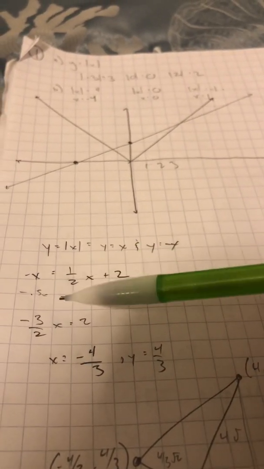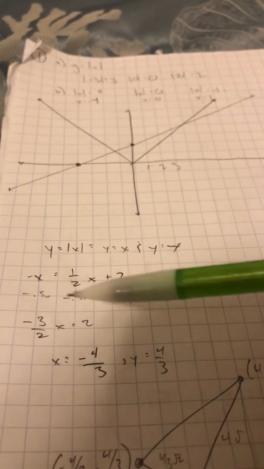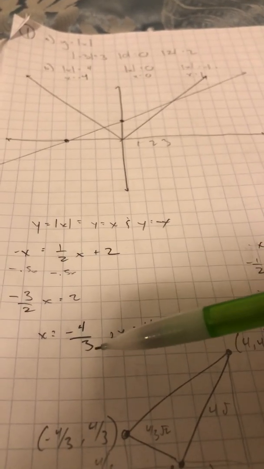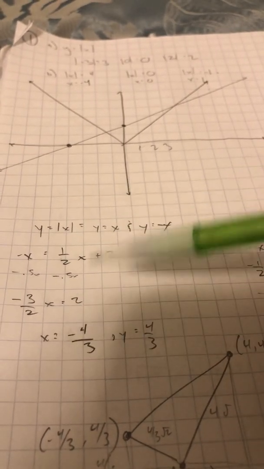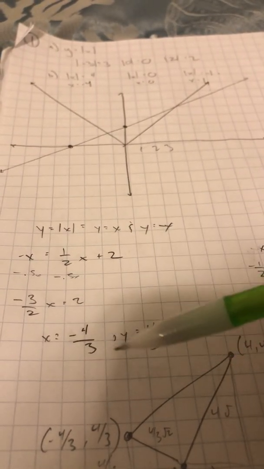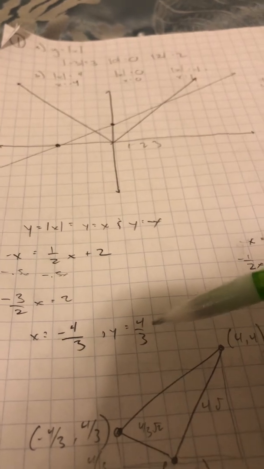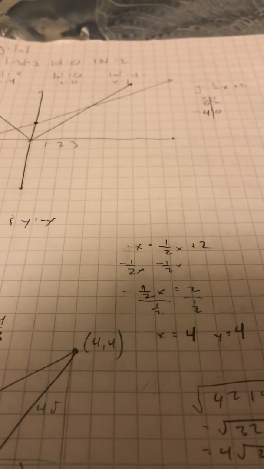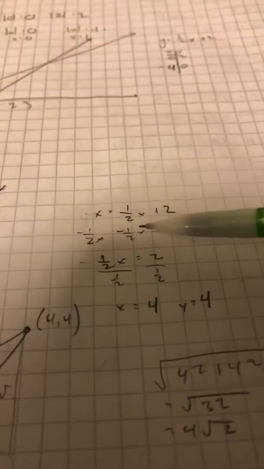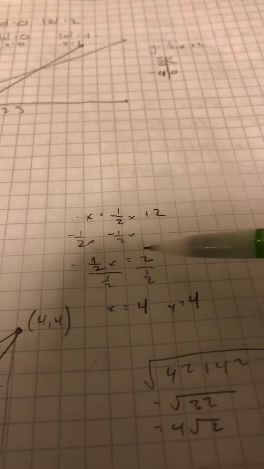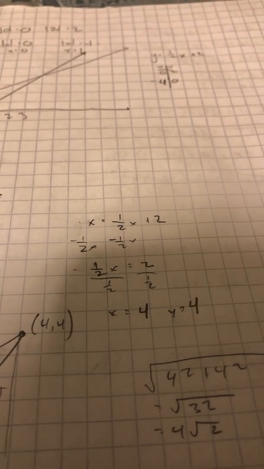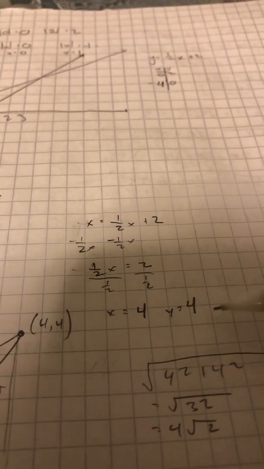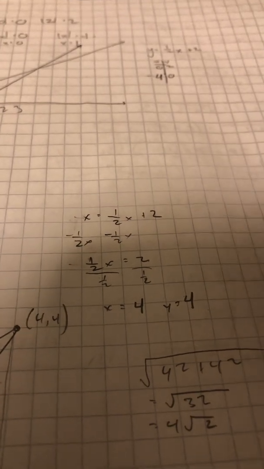So we have negative x is equal to 1/2 x plus 2. You solve for x, and you end up getting x is equal to negative 4 over 3, and of course the absolute value of negative 4 over 3 is y, so that's our first point. And then we solve for positive x equals y, so you have x equals 1/2 x plus 2, solve for x, and you get x equals 4, and the absolute value of 4 is y, so that's our second point.